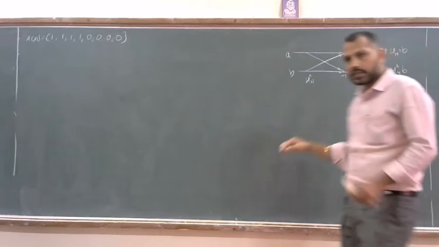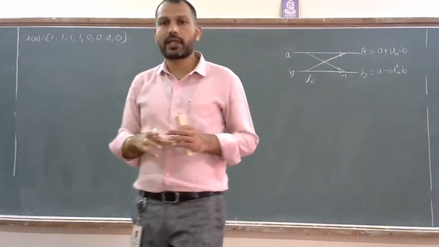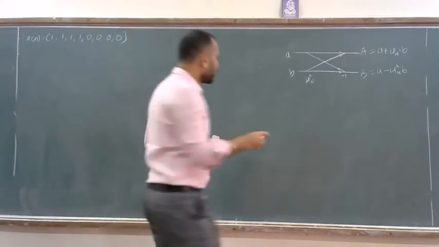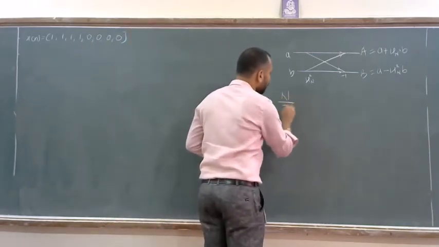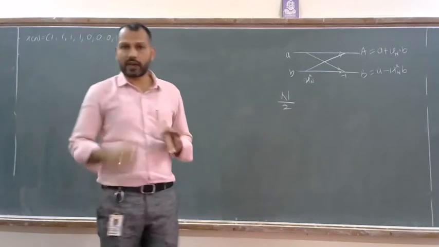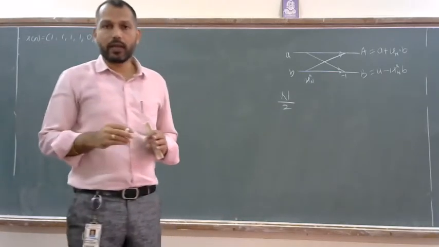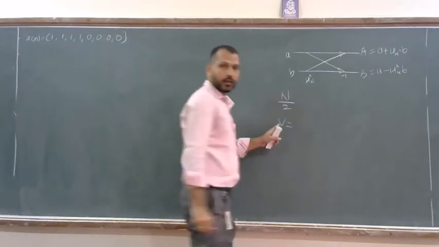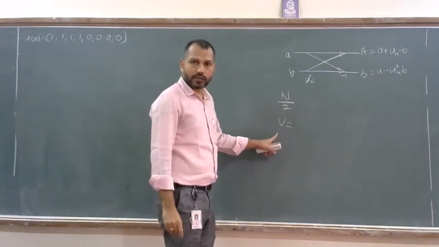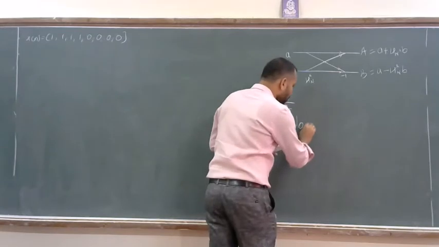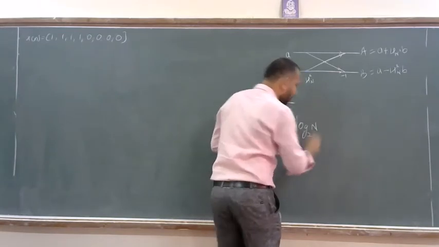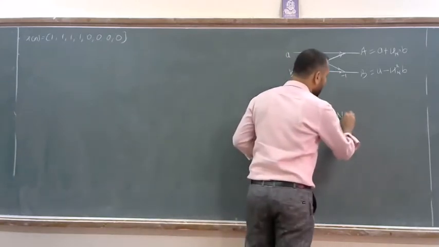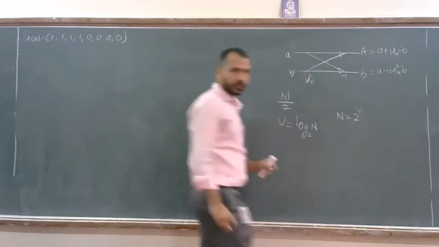Now, if you observe the signal flow graph of decimation in time fast Fourier transform, in every stage we will be having n by 2 number of butterflies for n point DFT, and likewise we'll be having v number of stages, which will be defined as log n to the base 2, or we can represent capital N as 2 to the power v as well.